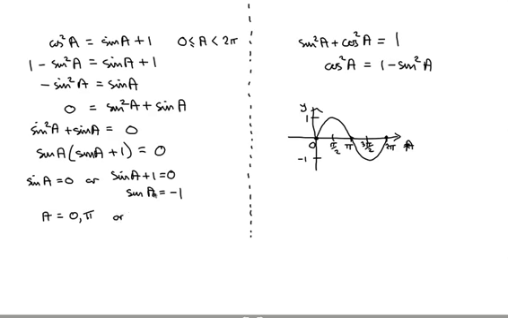Or what angle has a sine that's negative 1? There's a value of negative 1. It comes from the angle 3 pi upon 2. So 3 pi upon 2, and that's certainly allowed. It's between 0 and 2 pi. So the solutions in this case: 0, pi, 3 pi upon 2.